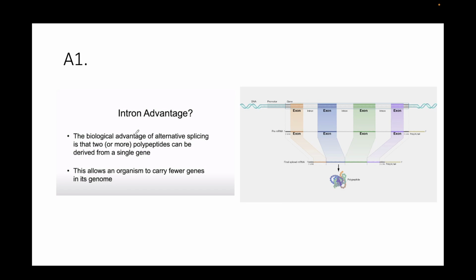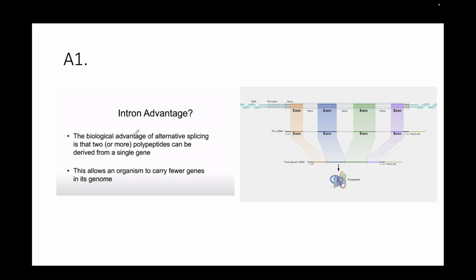The biological advantage of alternative splicing is that two or more polypeptides can be derived from a single gene. In higher organisms we have a long chain of DNA as the genetic material, and complex organisms require a lot of proteins for each and every metabolic process inside the body.